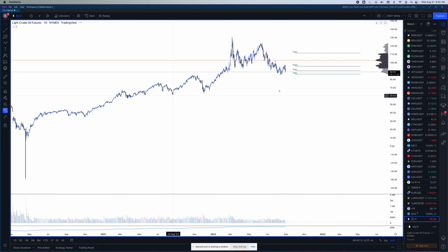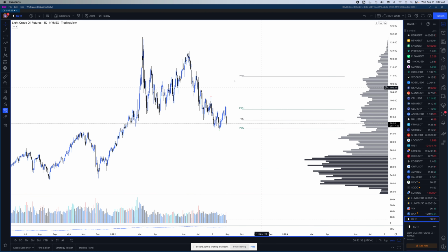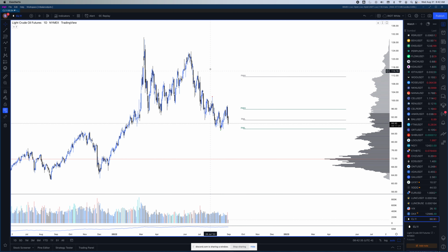I've been pretty adamant, since about this area up here, that I was bearish on oil, and it's just a matter of figuring out where it turns around. I think this 81 to 85 area is the area that I had marked out on my chart previously, which makes a whole lot of sense.